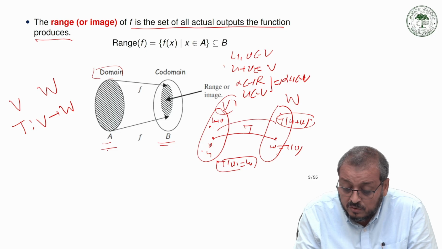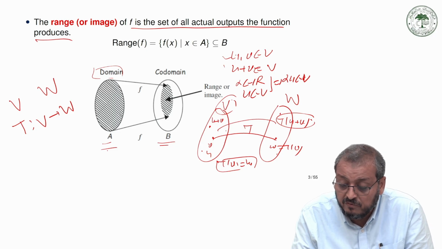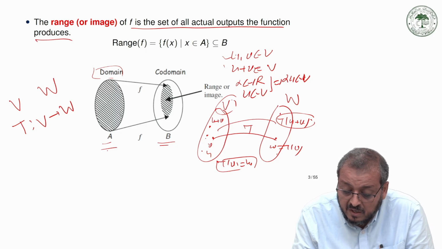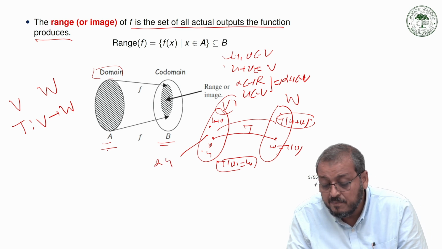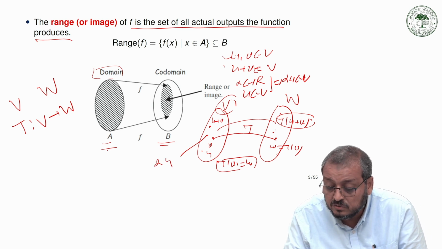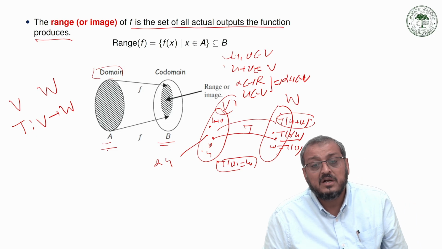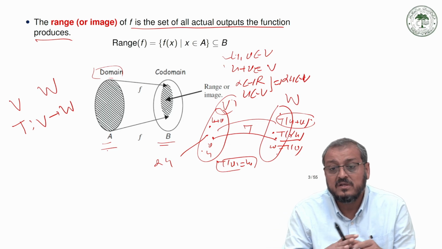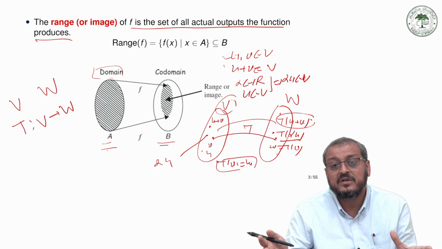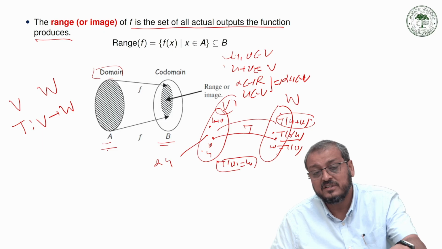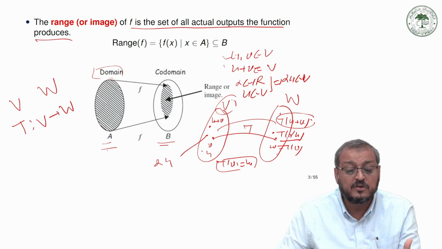And also, because u is an element of V, alpha u is also an element of V, and the map is defined, so we also have T of alpha u. So it also preserves the scalar multiplication. That means the linear transformation is a generalization of a function.